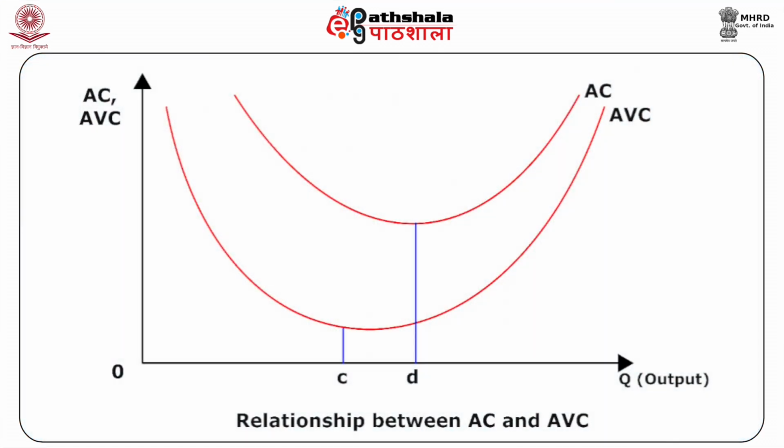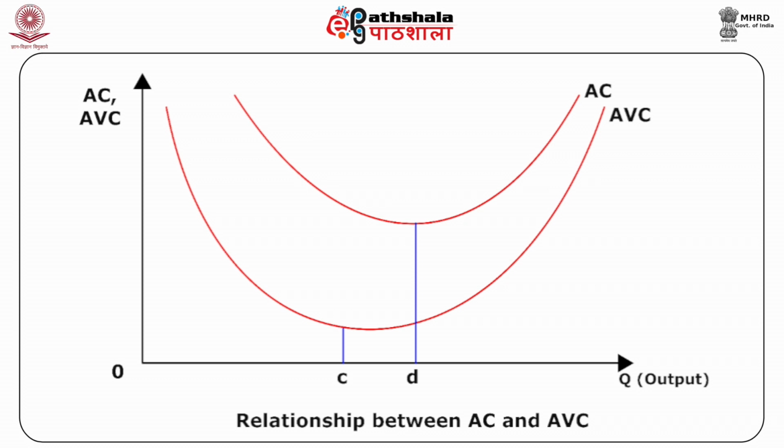Both AC and AVC are U-shaped because of the operation of the law of variable proportions. What you see is that the minimum point of AC is point D, whereas the minimum point of AVC is point C. This is because AC comprises AVC and AFC, and initially both are falling with the rise of the level of output.